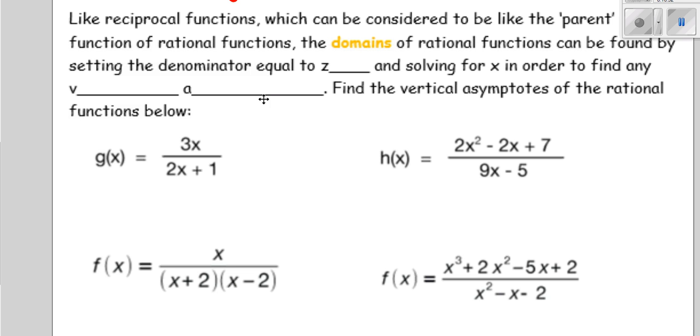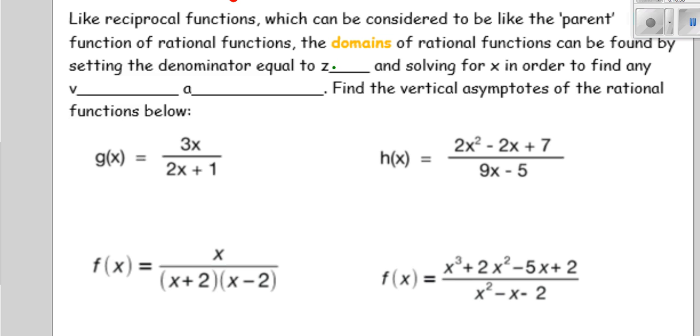Reciprocal functions can be considered the parent function, the most basic form of a rational function. Similar to them, the domains of rational functions can be found by setting the denominator equal to 0 and solving for x. Remember the domains were something like x cannot equal 1, x cannot equal 3, cannot equal the asymptote.